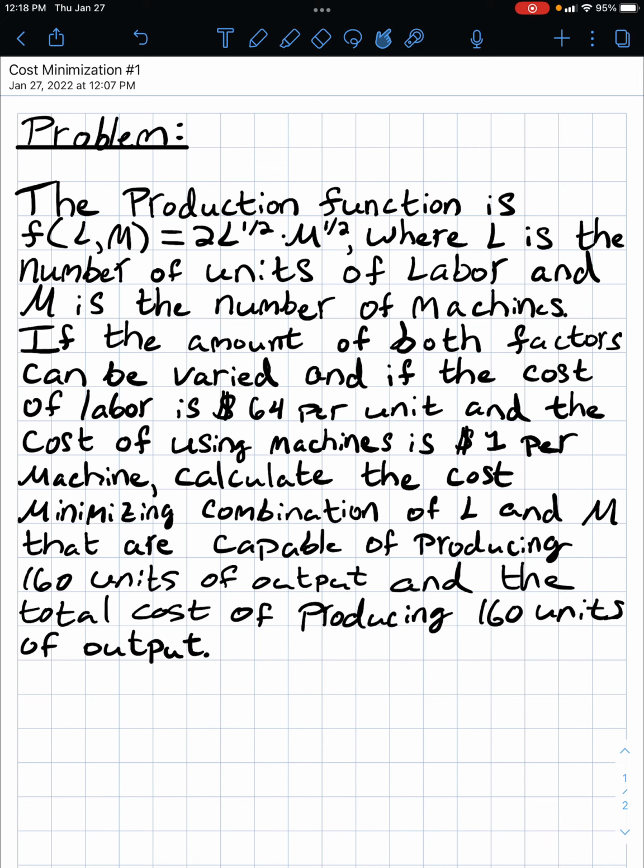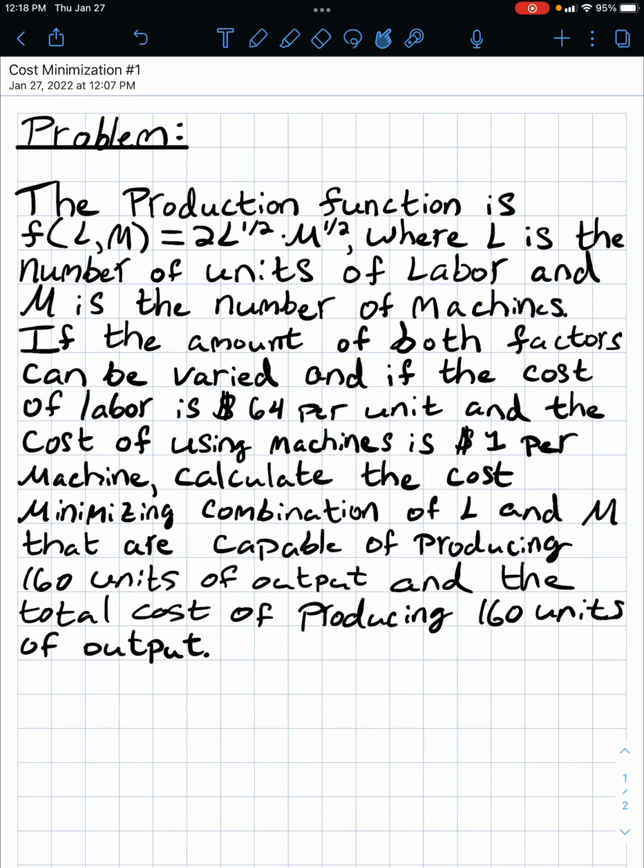The problem. The production function is F(L, M) equals 2L to the 1/2 times M to the 1/2, where L is the number of units of labor and M is the number of machines.